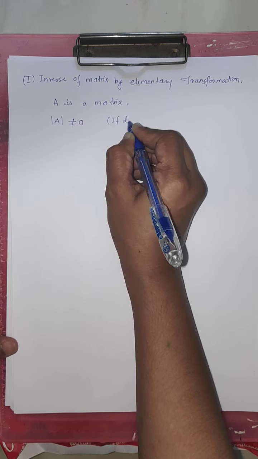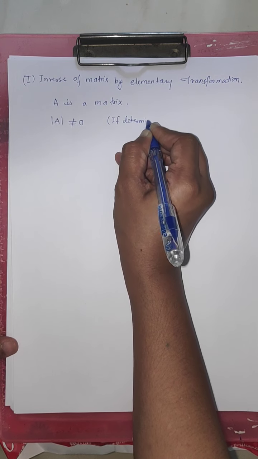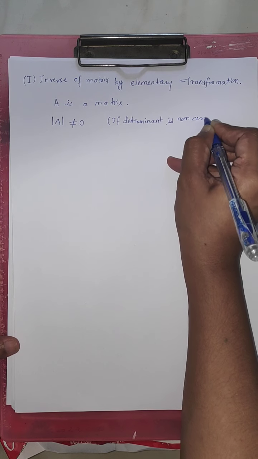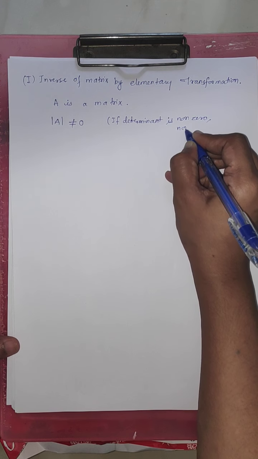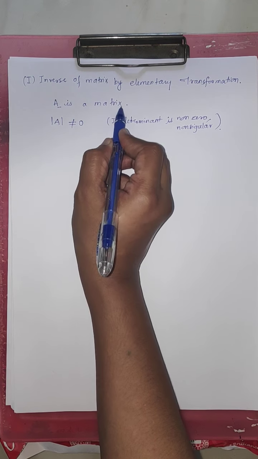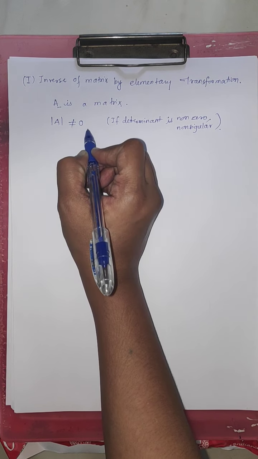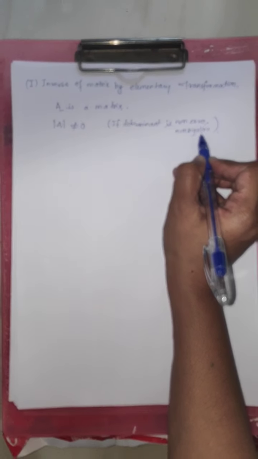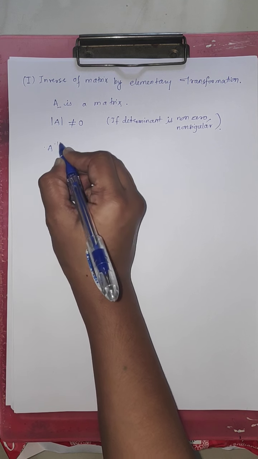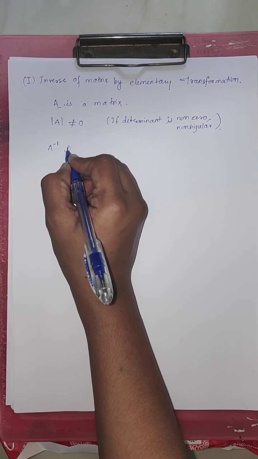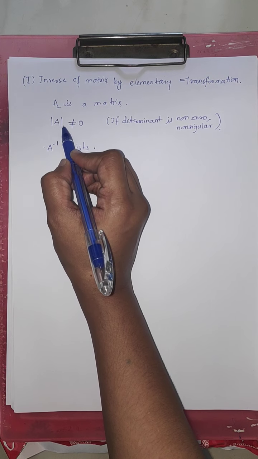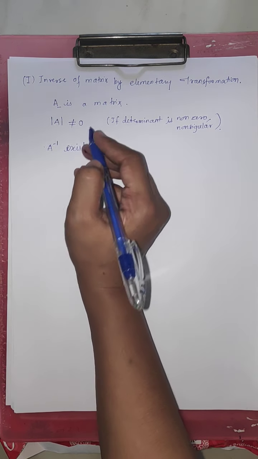If the determinant is non-zero, then you can say it is non-singular. So if the determinant of A is non-zero, then only A inverse is possible. So A inverse exists.